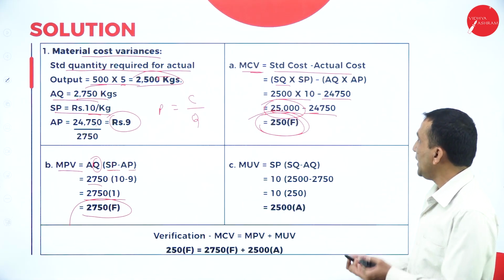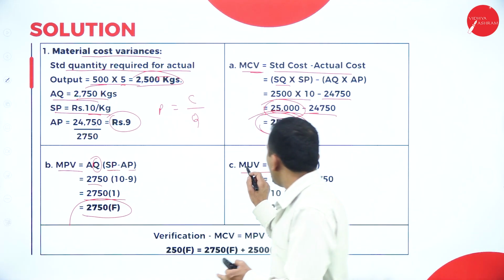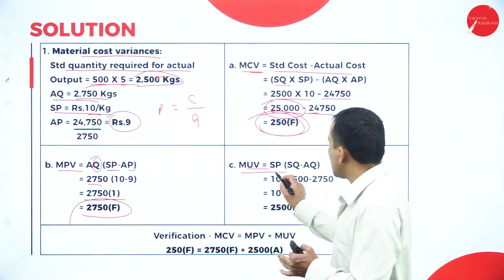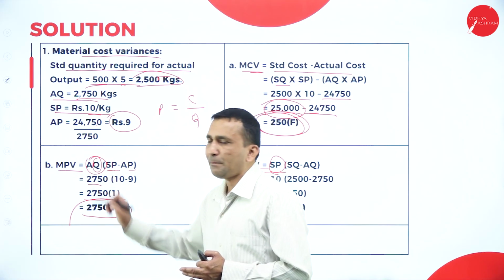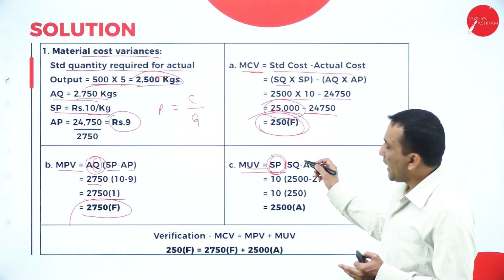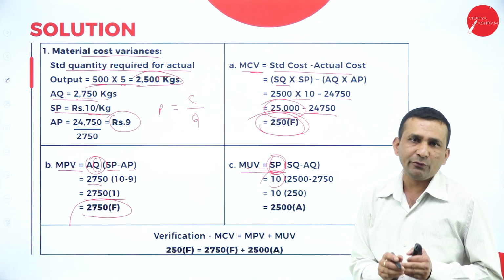Moving to the material usage variance. See, material usage variance is always compared with the price, so obviously we need to write the standard price. For the price variance we write actual quantity, but for material usage we write standard price into standard quantity minus actual quantity. Standard price which is given in the question is 10.